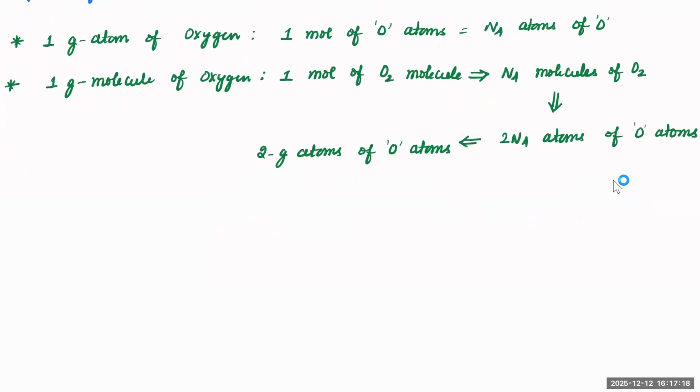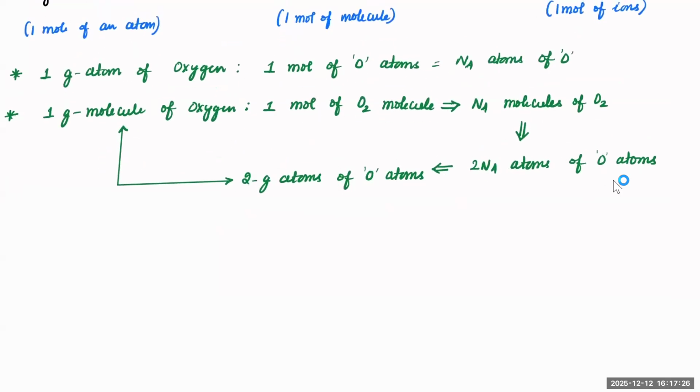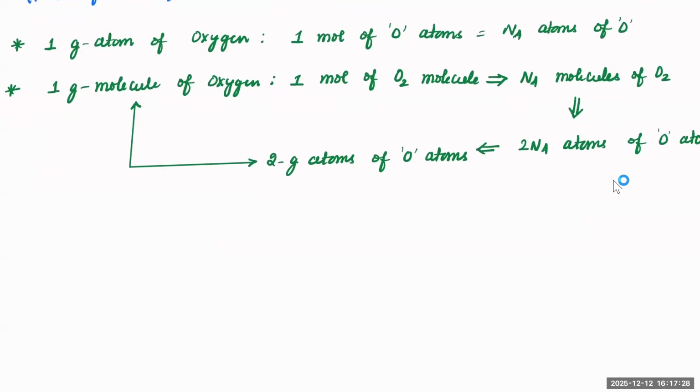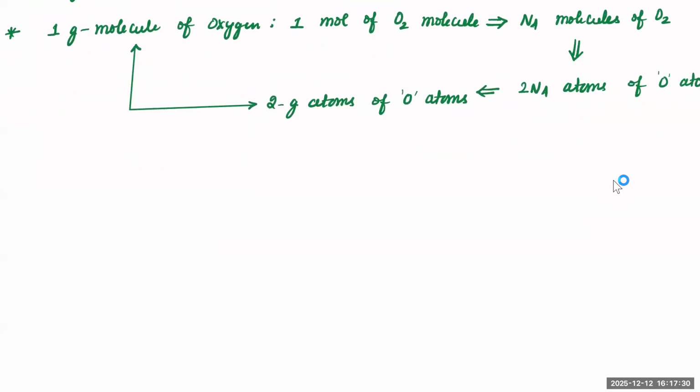Clear? So 1 gram molecule of O2 is also related to 2 gram atoms of oxygen atom. Is this clear, beta? Yes.